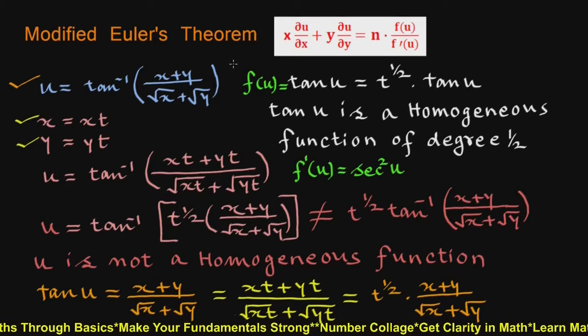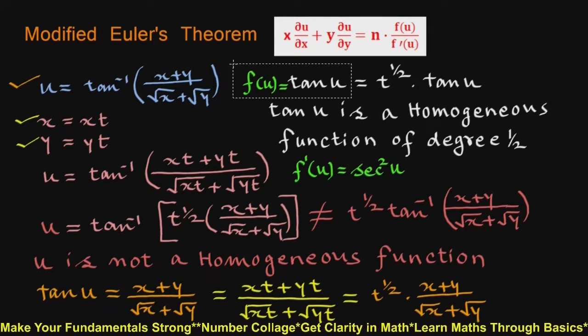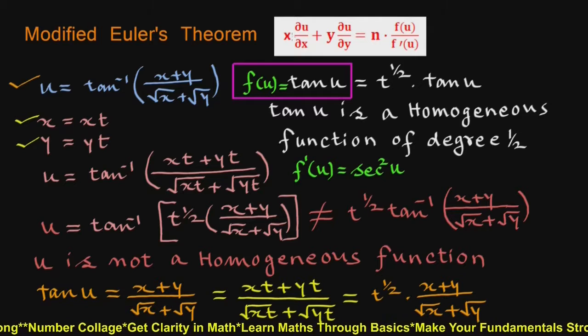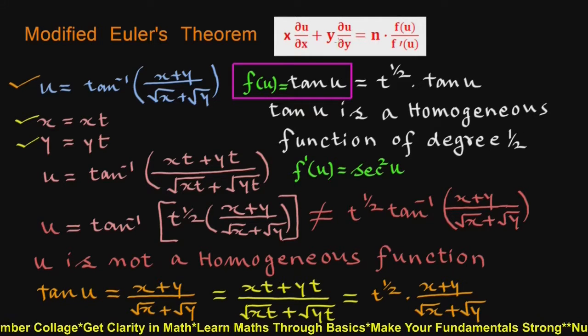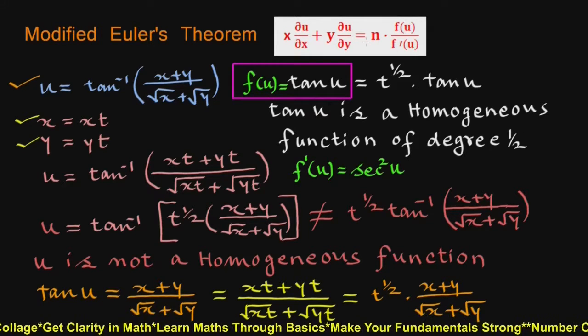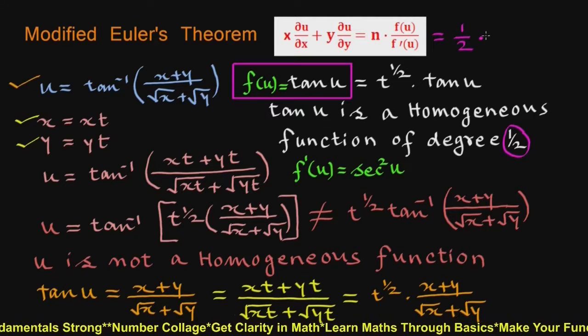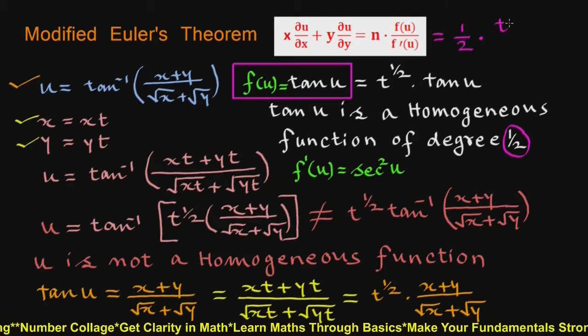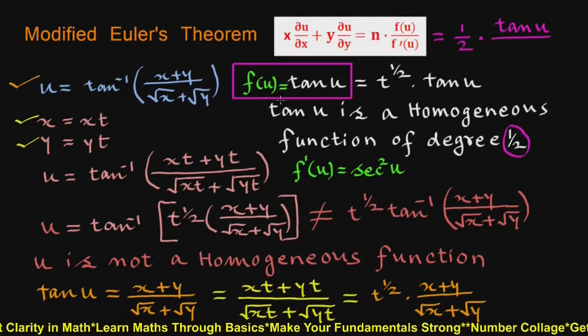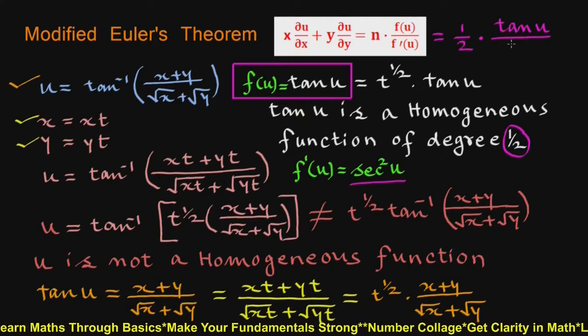Hence, for f(u) equals tan u, we can write x dou u by dou x plus y dou u by dou y equals n, which is degree half, times f(u), that is tan u, upon f dash u, which is sec square u.